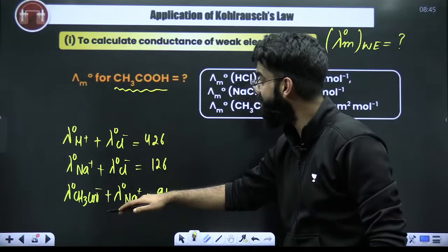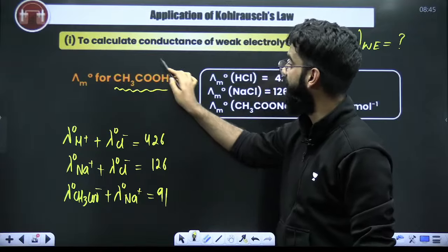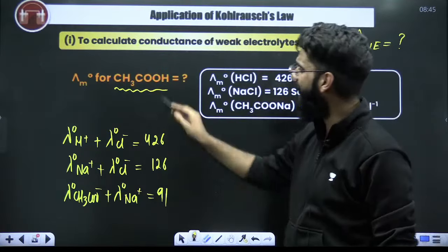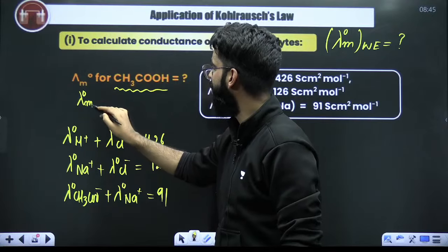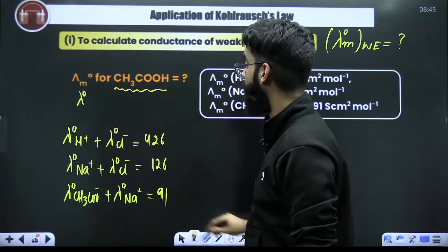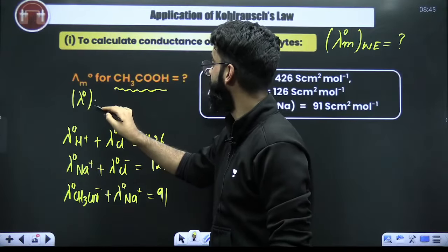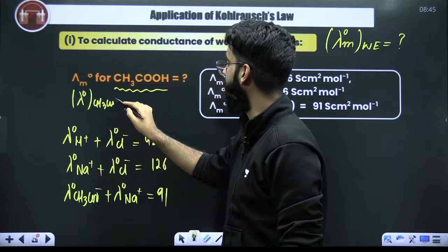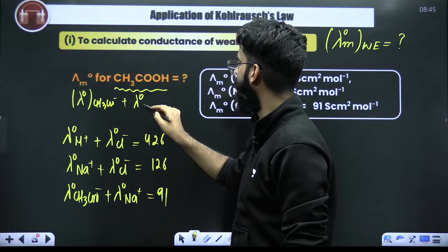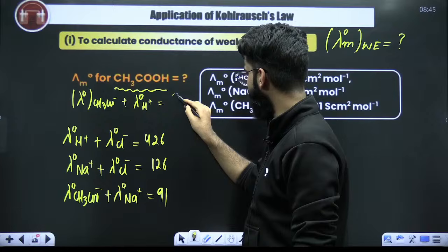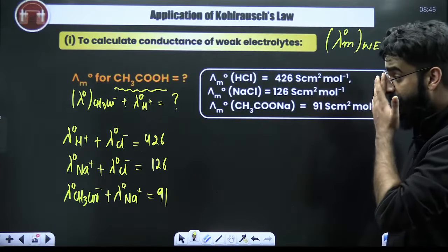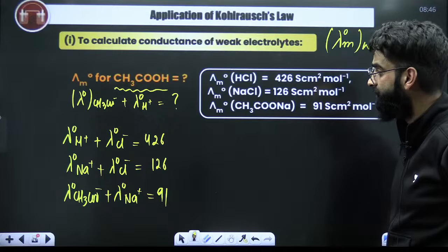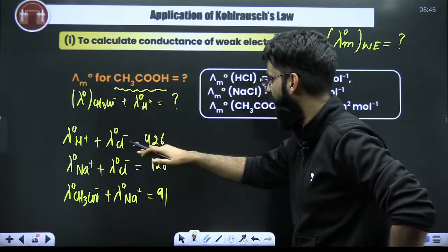From these 3 equations, I have to get this particular value, lambda naught M of CH3COOH. Basically, I have to get the value of lambda naught M of CH3COO negative plus lambda naught M of H positive. This is the value which I need to get. Now, my dear students, how do you get this value out of these 3 equations?